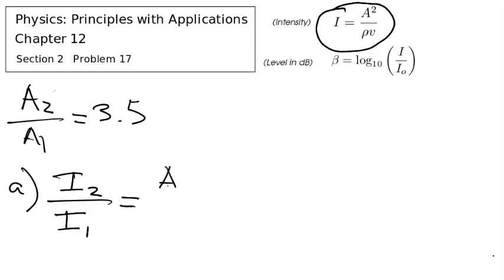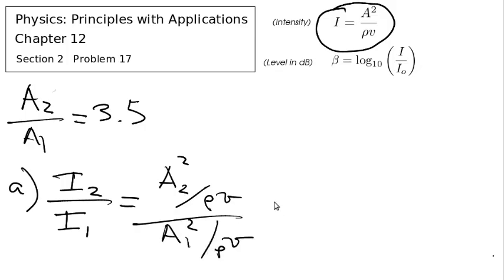This is going to be A2, that's the after, squared over rho V, and A1 squared over rho V. Rho is the density of air, V is the velocity of sound, but we don't need to know that because those divide out conveniently.